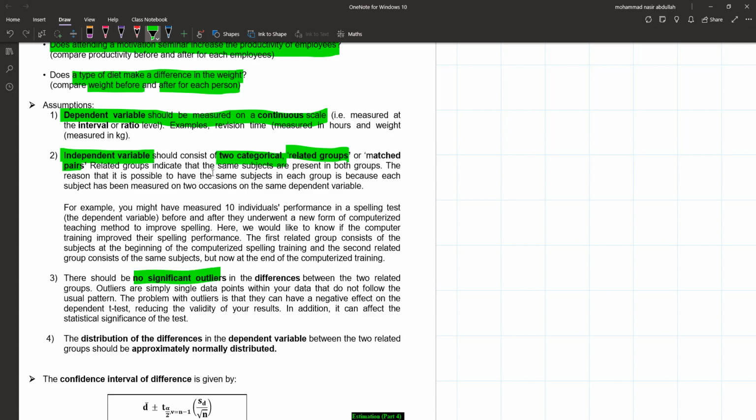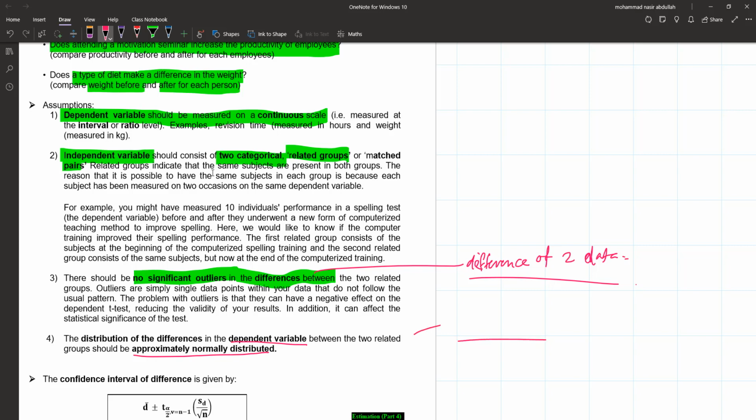There should be no significant outliers in the difference between the two groups, meaning we are measuring the difference of the two data. The distribution of the difference in the dependent variable must be normally distributed. So we need to check that the box plot is symmetrical for the difference.